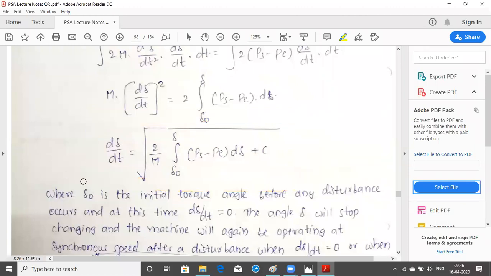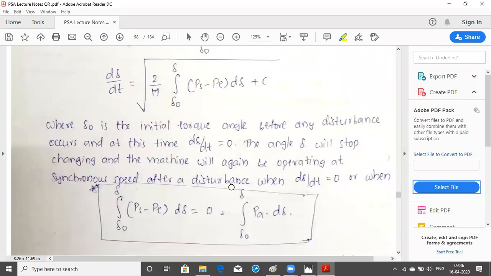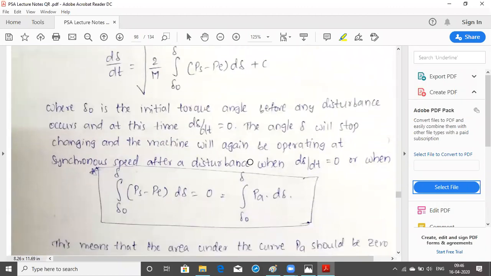When d delta by dt is equal to 0 and we substitute it in this equation, what we get is the integration from delta naught to delta of Ps minus Pa into d delta, equal to 0.